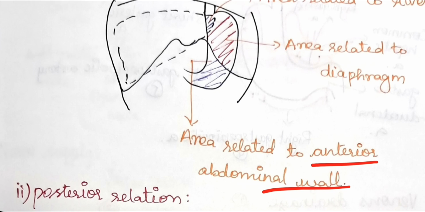This part is related to the liver, this part is related to the diaphragm, and this part is related to the anterior abdominal wall. So there are three relations on the anterior surface of the stomach.